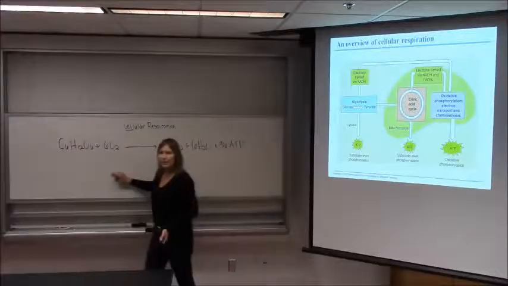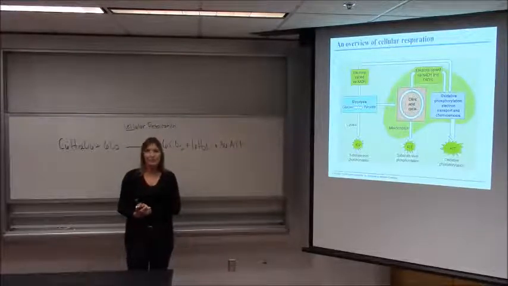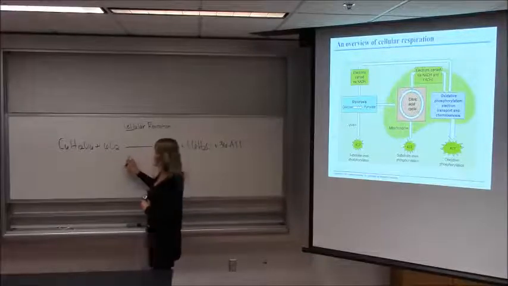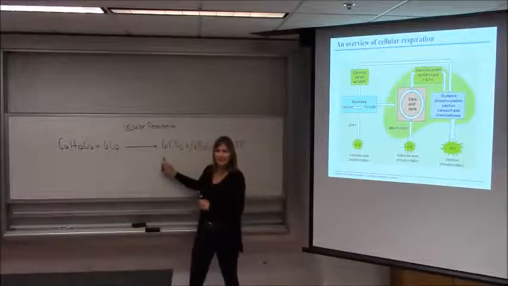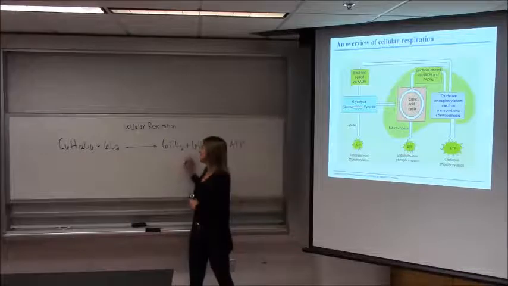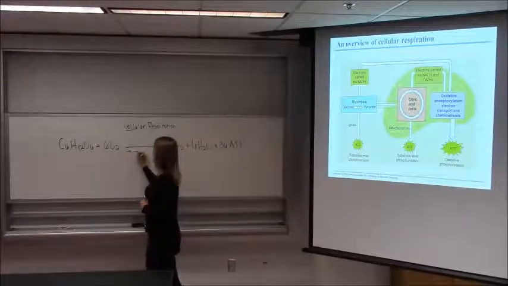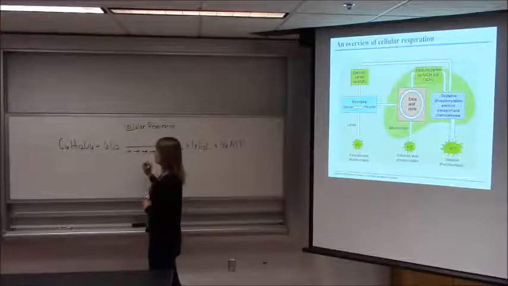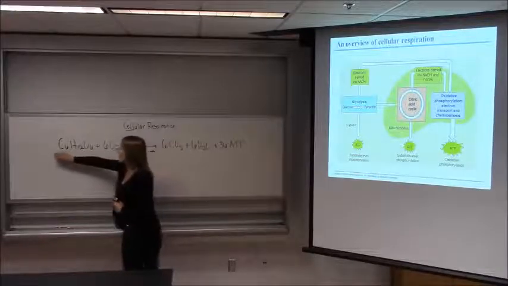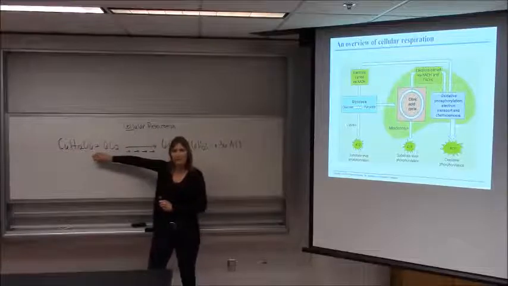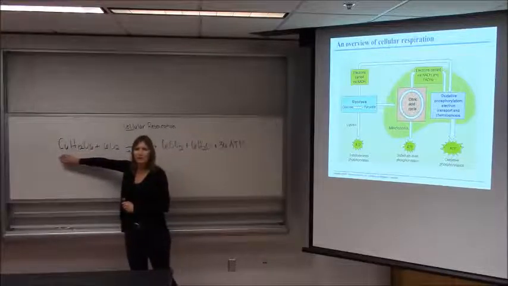Remember that this is a biochemical pathway, which means this arrow does not represent one step. It's going to take as many steps to get to these products. So this arrow actually represents multiple steps to get here. If we released all of the potential energy in this glucose molecule all at once, we would burn up our cells.